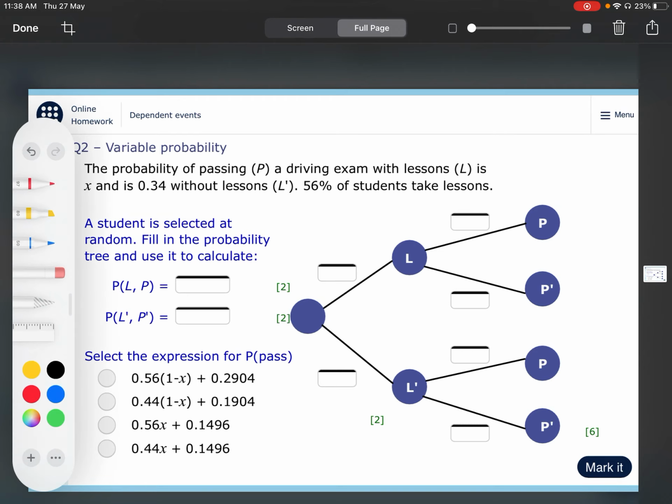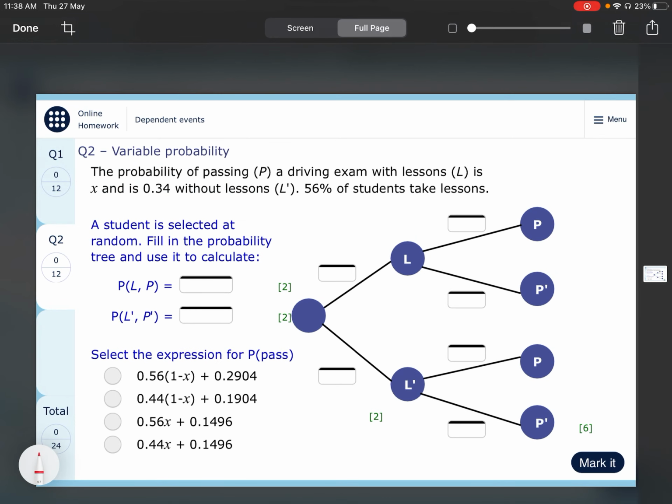So in the first section, we've got the probability of passing a driving exam with lessons is X. So probability of passing with lessons is X. Then it says, and is 0.4 without lessons.